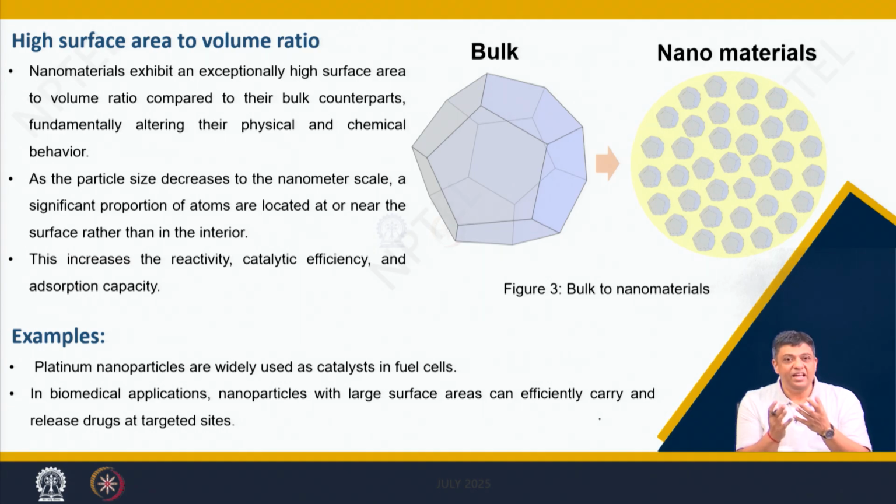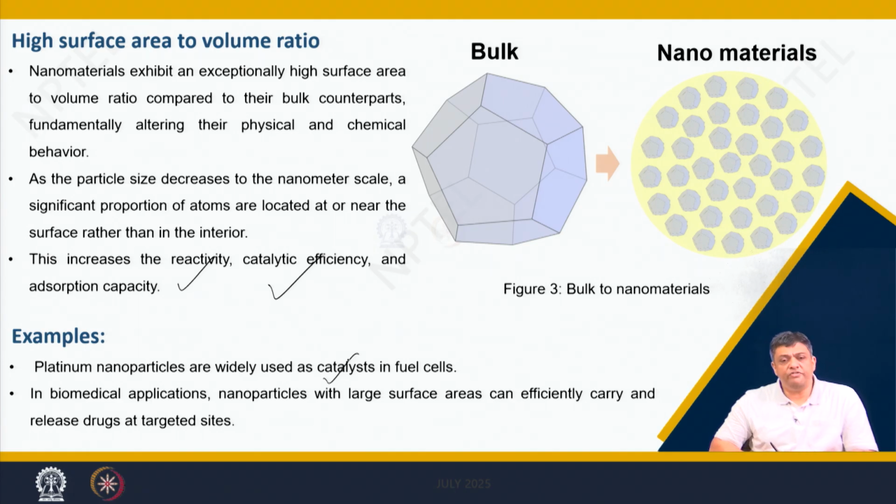So, what do you expect? Immediately the reactivity, and if I talk about in particular catalysis, then the catalytic efficiencies of these nanoparticles would be much higher. And that is why you will find a major application of these nanomaterials are coming in these kind of applications. For example, if you talk about platinum nanoparticles, these are extensively used in fuel cells.